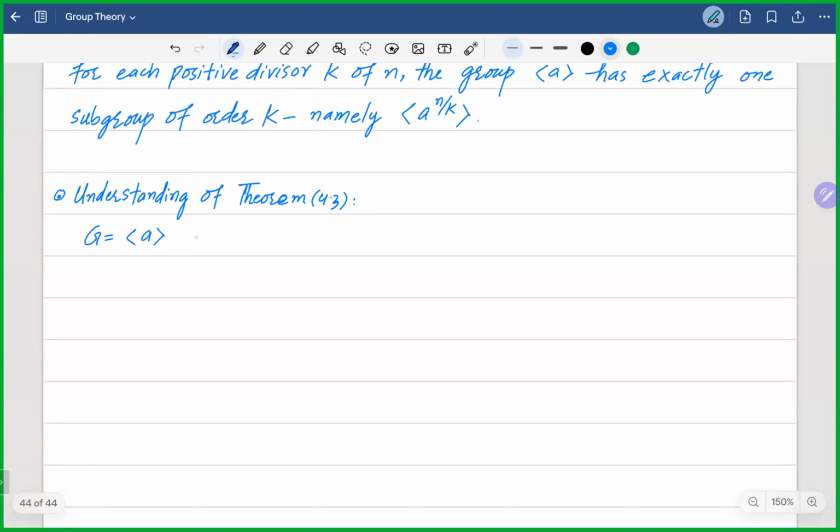Say G is a group generated by this A, and the order of G is 30. Perfect.